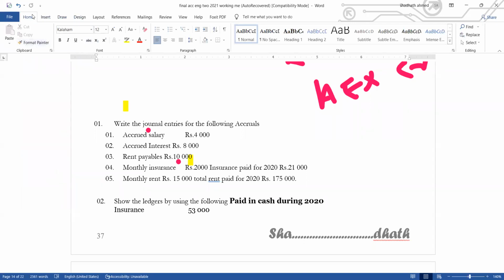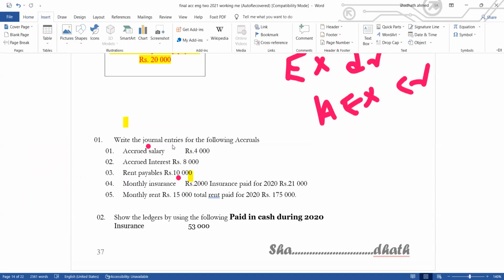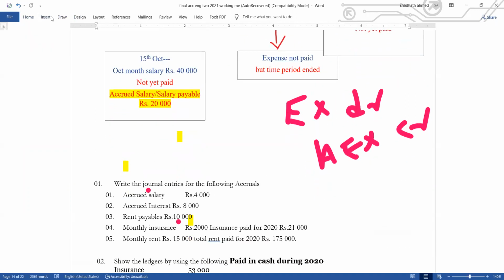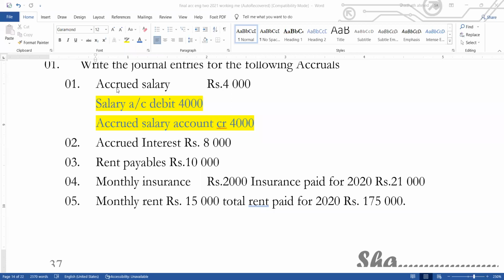So accrued salary means salary account debit, accrued salary account credit. It's very easy. Accrued interest means interest account debit, accrued interest account credit. Understand? After finishing writing, please raise your hand.